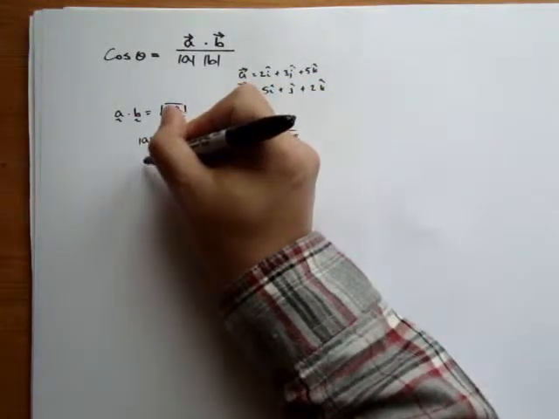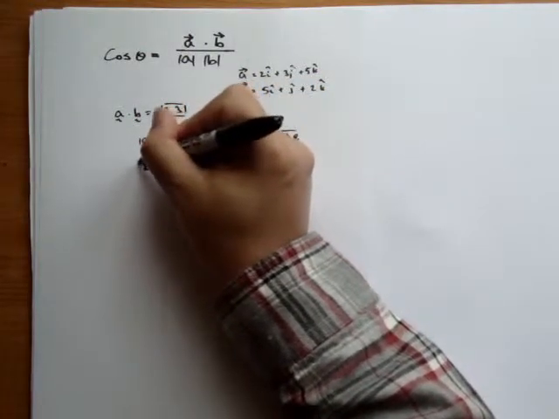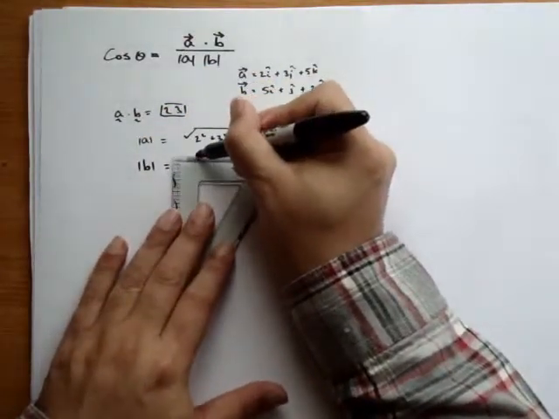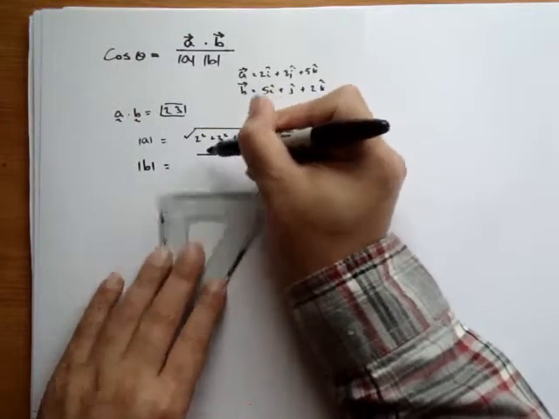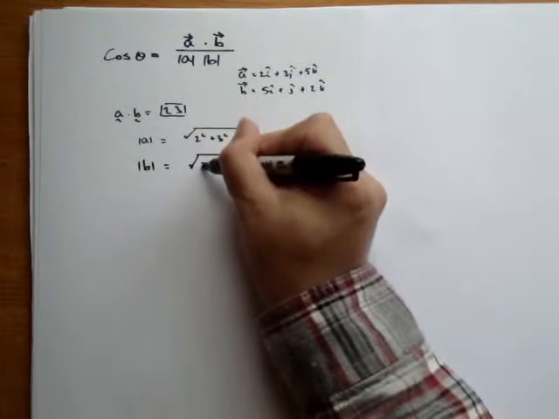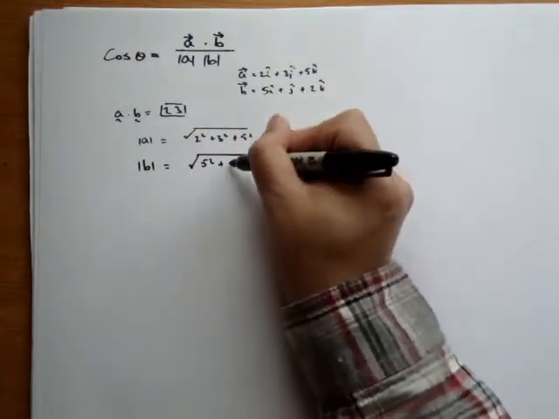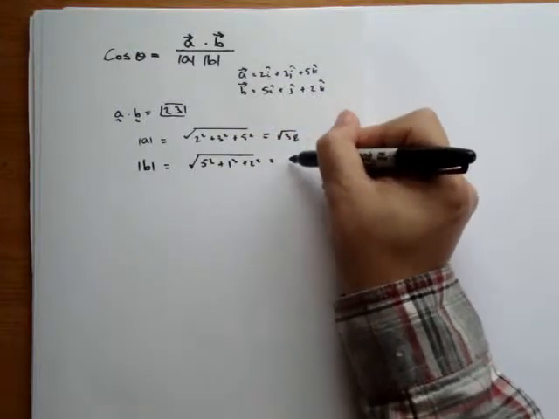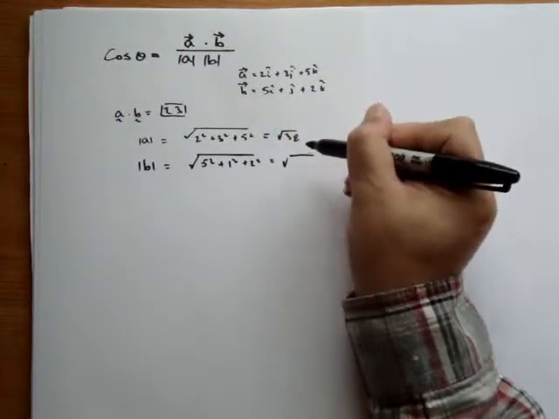And then the magnitude of B, we have the square root of 5 squared plus 1 squared plus 2 squared, and this is the square root of 30.